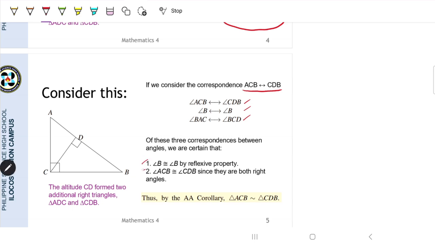Since we also have two pairs of corresponding angles that are congruent, then again by AA corollary we can say that triangle ACB is similar to triangle CDB.